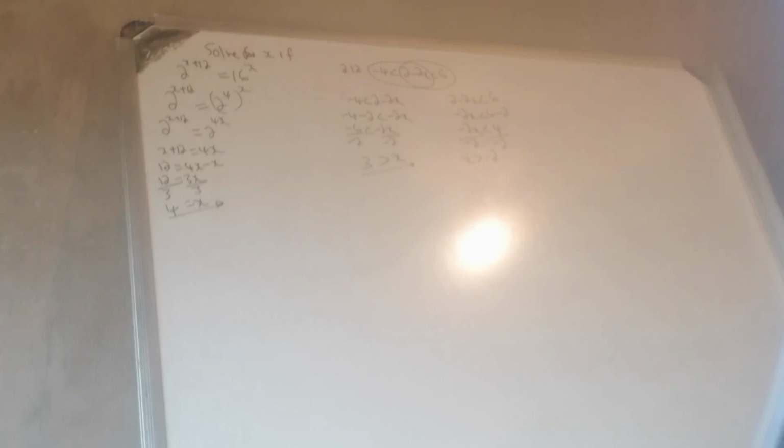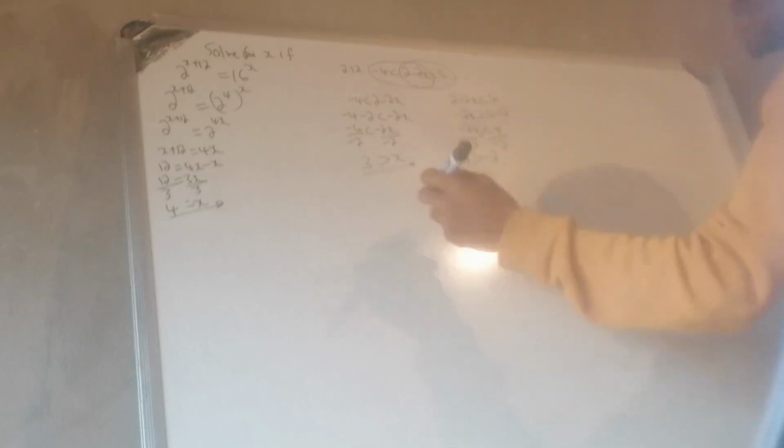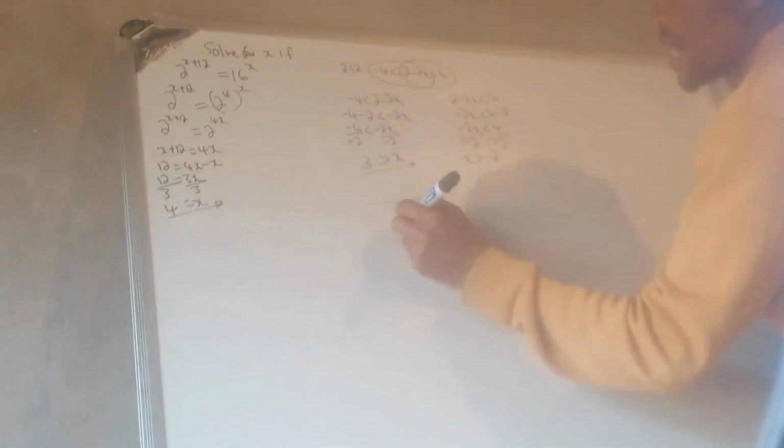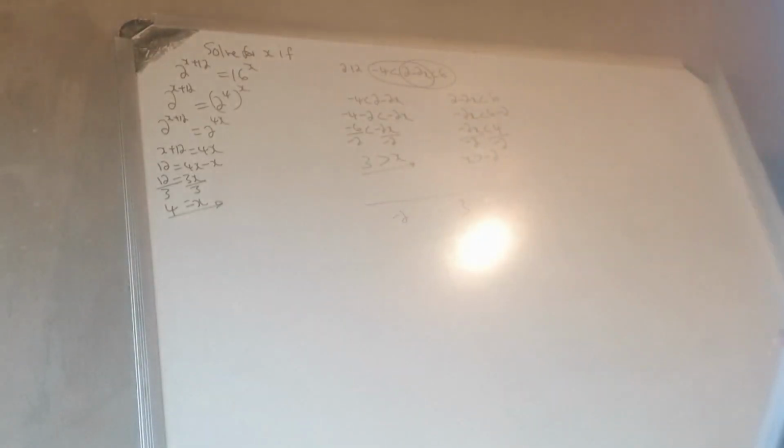Right. Actually, when we divide by negative on both sides, x should be greater than negative 2. Now, looking for the solution, we have negative 2 and 3.